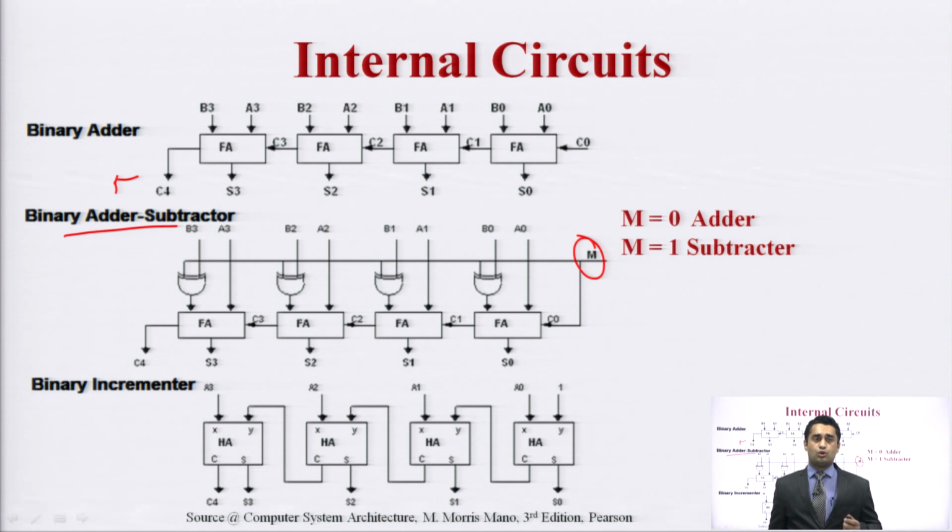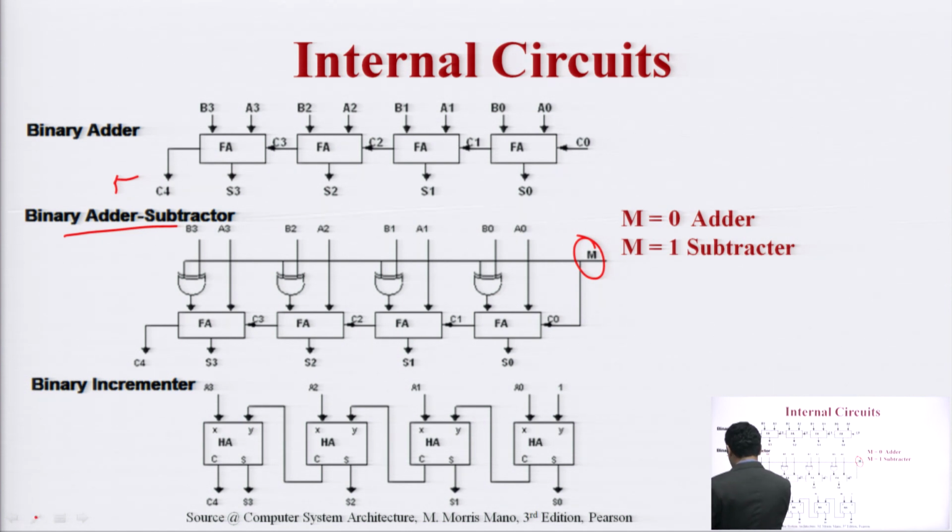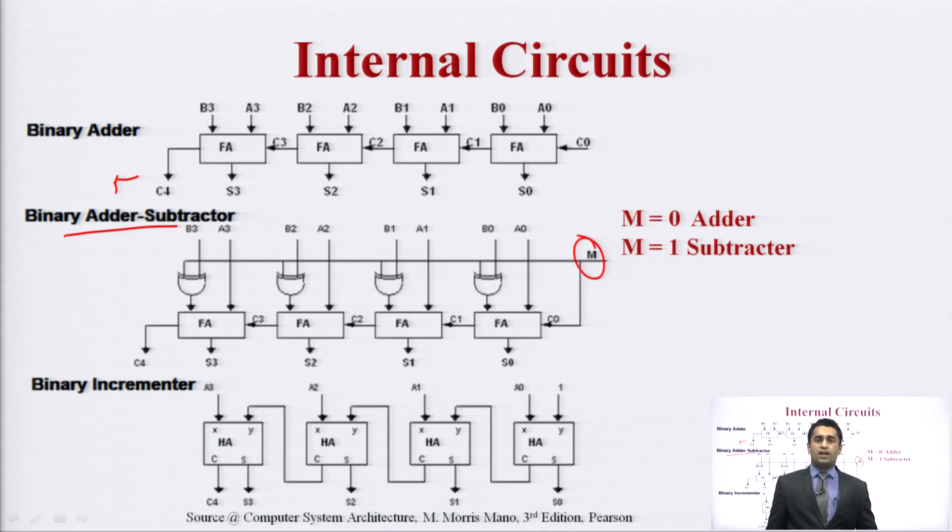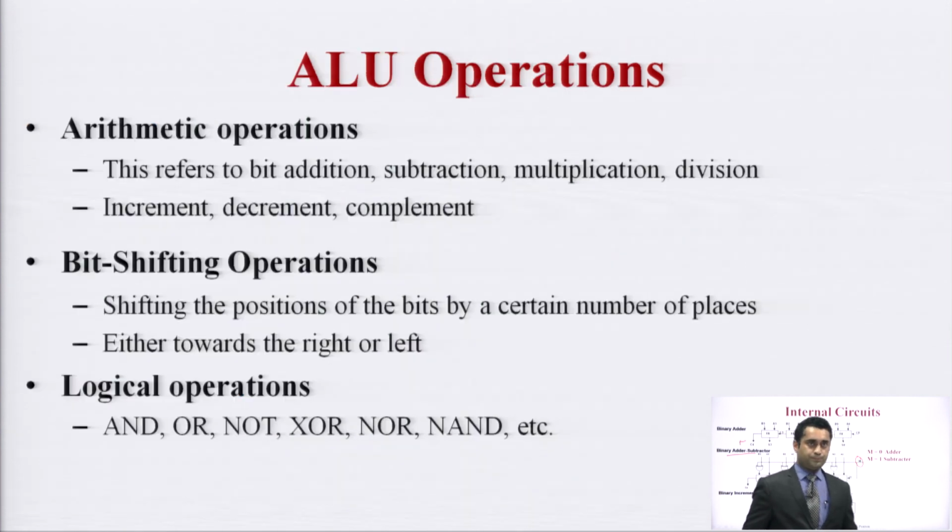But in case of ALU, we have a special circuit of binary addition and subtraction where we are using this mode bit, and this mode bit represents 0 and 1. If the mode bit is 1, then it is working as a subtractor, and if the mode bit is 0, it is a normal parallel adder.